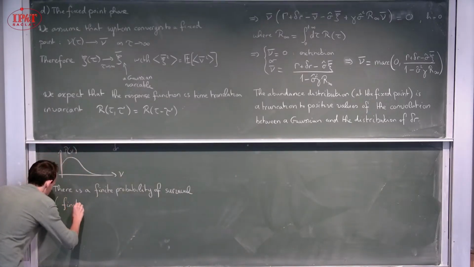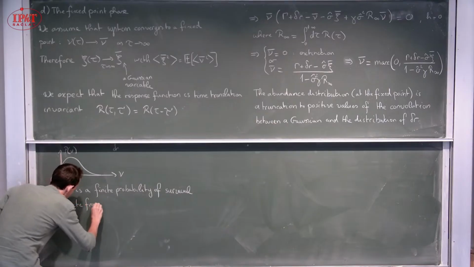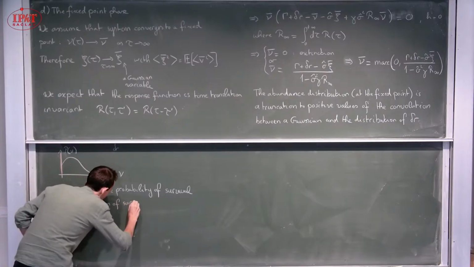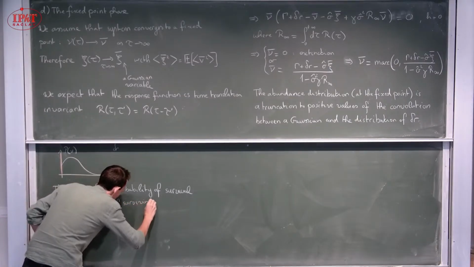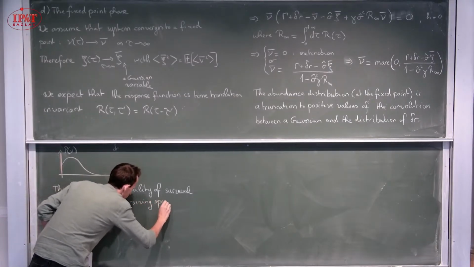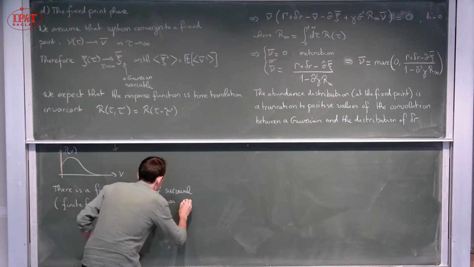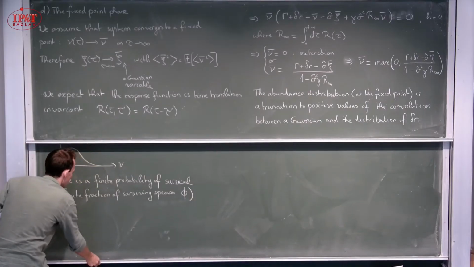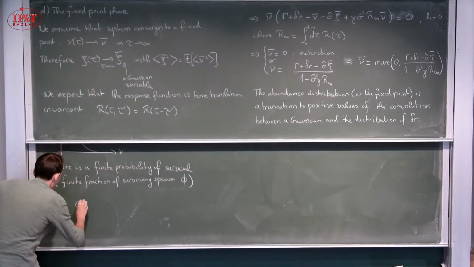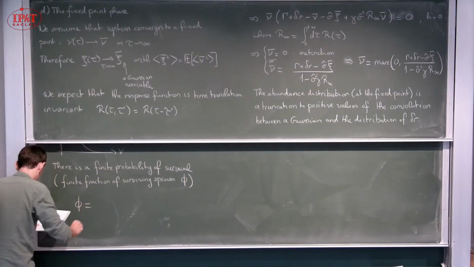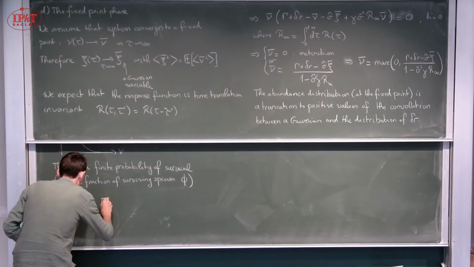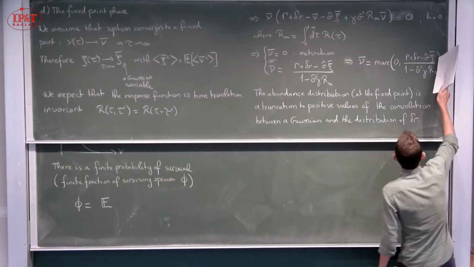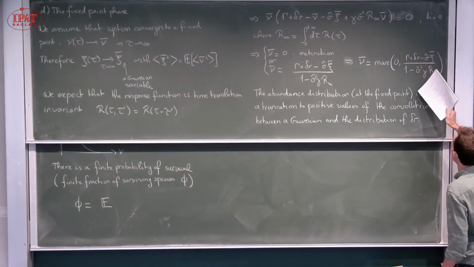It's equivalent to a finite fraction of surviving species, which I'm going to call phi. And you can compute phi explicitly. So you need to compute the probability this guy is positive.